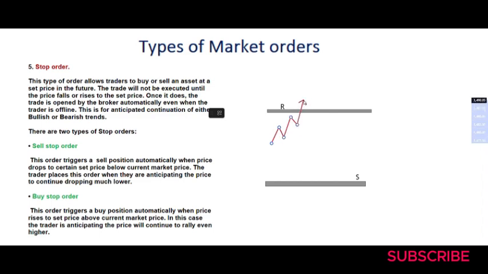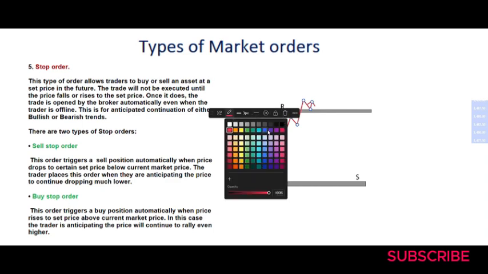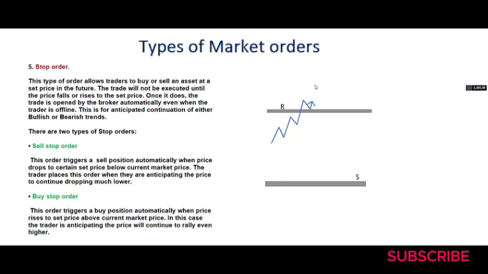And there is that retest that has happened, all right? So this is in an uptrend, okay? And you are anticipating this trend to continue. You are looking at a continuation of this trend. So you place a buy stop order at a future price, telling your broker to execute a buy order to continue that trend to the upside.